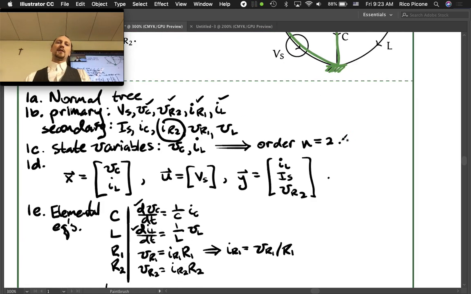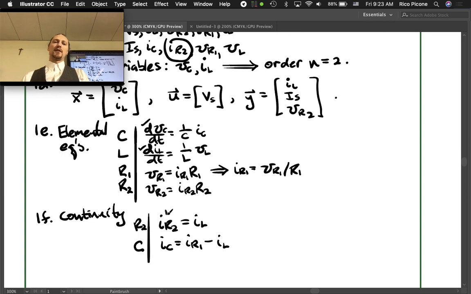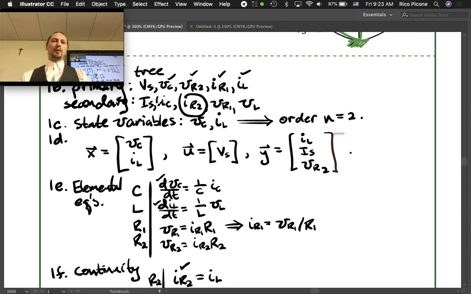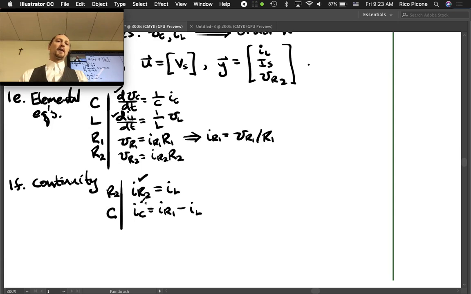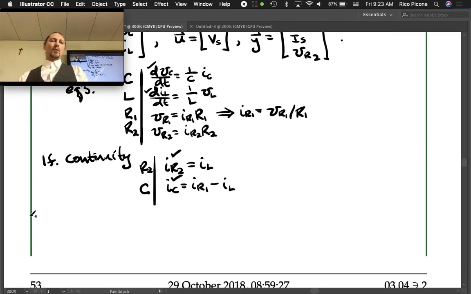So we wrote its continuity equation already solved for IR2. That's why we do this shortcut method. IC is the secondary variable for the capacitor, right? And we want to solve for that, and so that's what we've done. We've already written it down in a form that has it solved for IC. So we sort of skip the step where we have to then solve for the secondary variable. That's why I like to do it this way, because you end up having to do one fewer step.